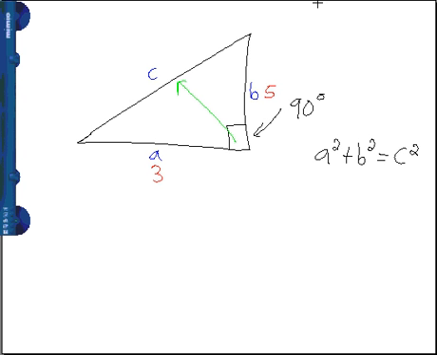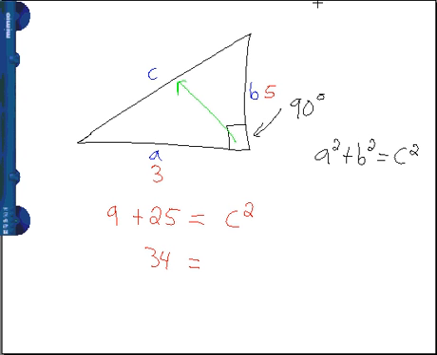So a squared is equal to 9, and we add that to b squared, which is equal to 25. That will give us c squared. Don't forget to write that as c squared. So then we see that c squared is equal to 9 plus 25, or 34.